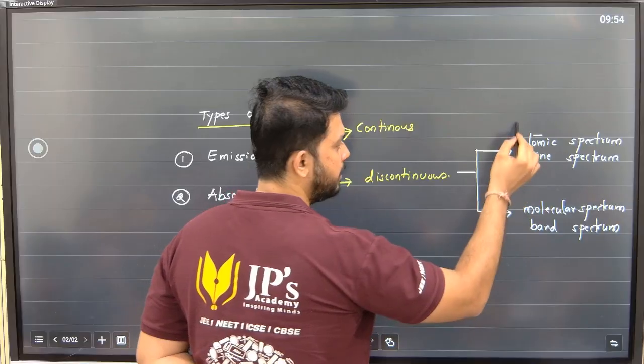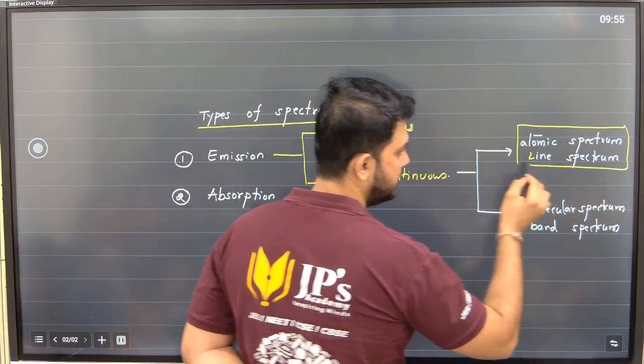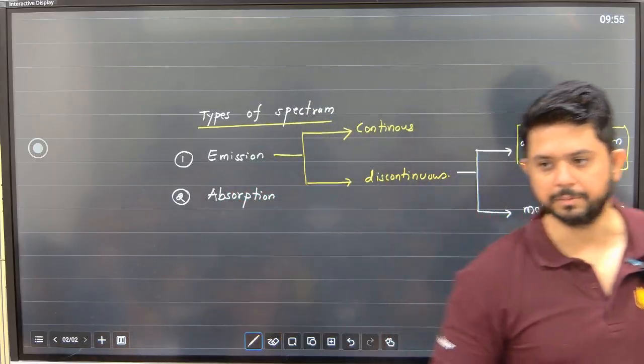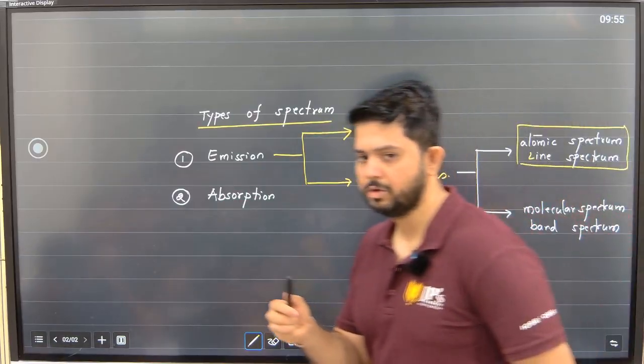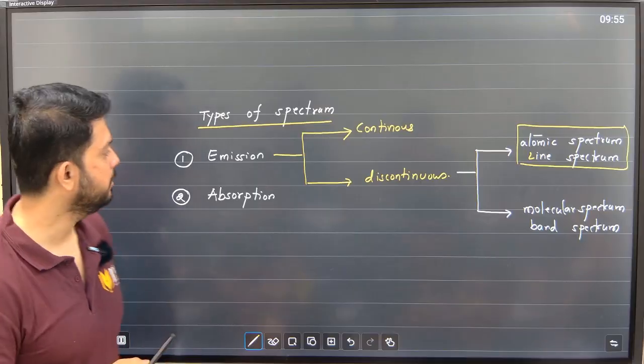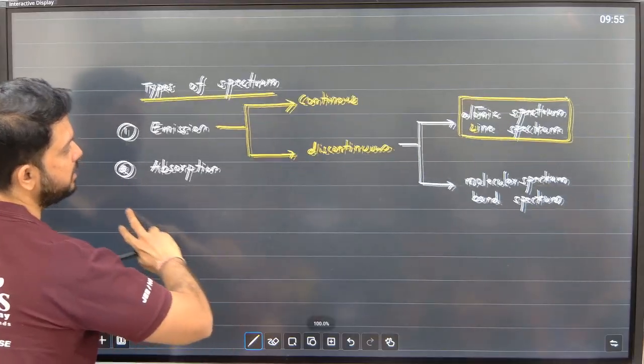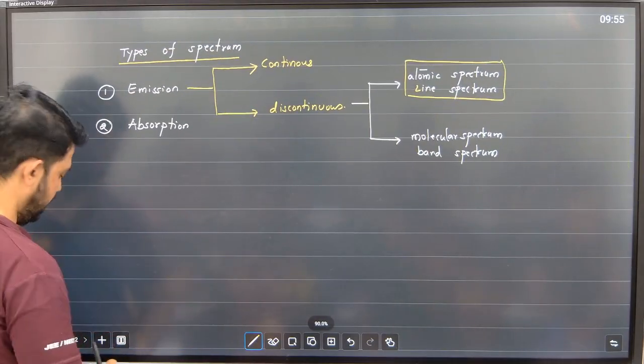The most important part in this is the atomic or line spectrum. Now let's start with the first type. What exactly is the meaning of emission spectrum?